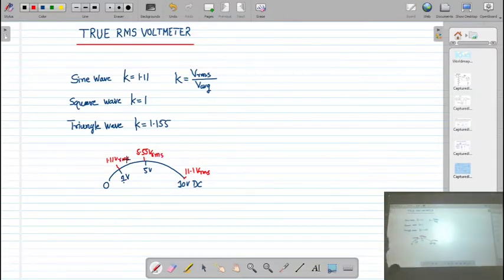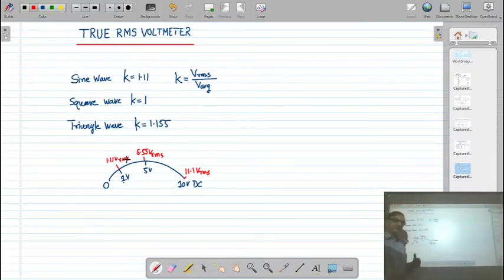So in this way, the DC scale can be calibrated for the measurement of the AC. And if you have a triangle wave, then you can multiply by 1.155 and measure the AC voltage. But now the question is that here we know the shape of the signal.